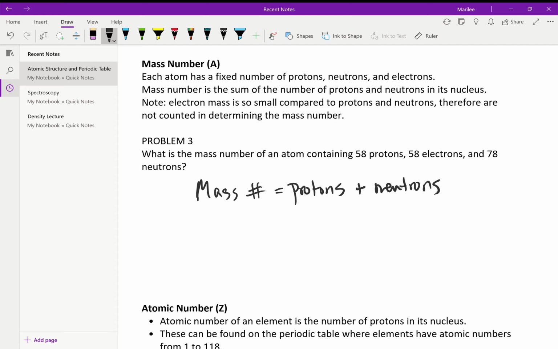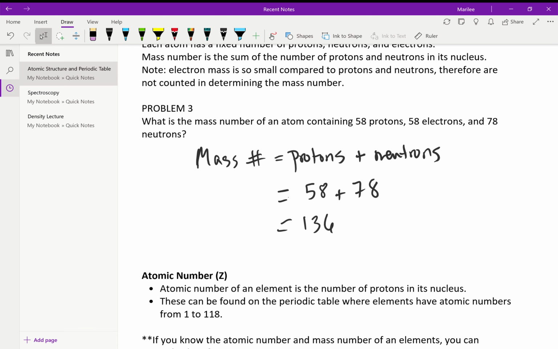So for this atom, we will have 58 plus 78, which will equal 136. That will be the mass number of this atom, whatever atom it is.